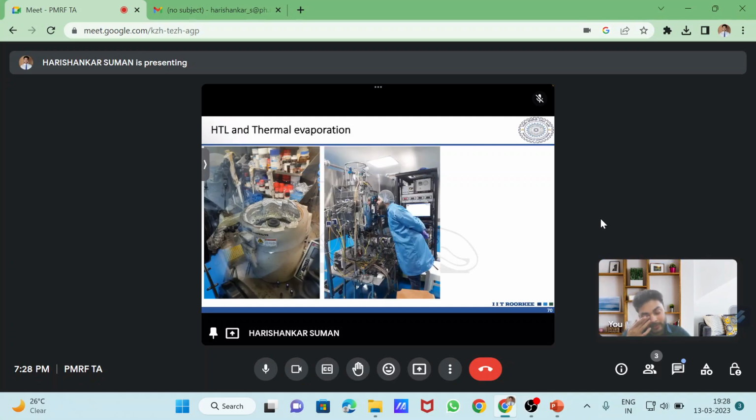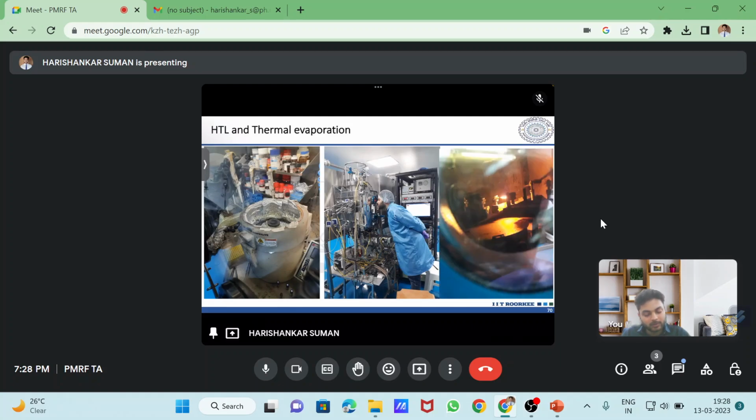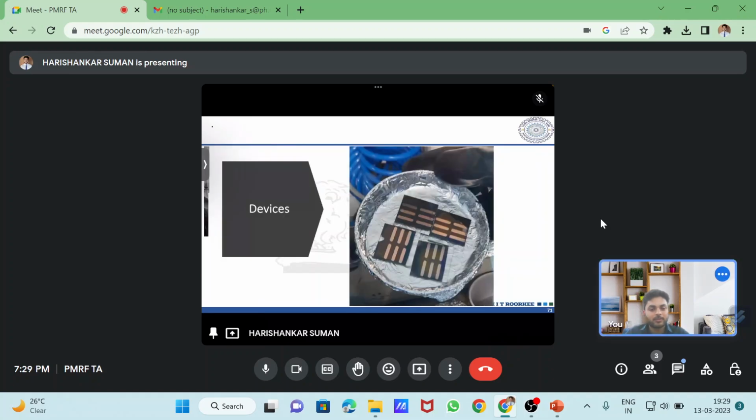Then thermal evaporation. This system is the thermal evaporation system. This is the gold coating. And finally the device. These are the steps of perovskite solar cell fabrication in the lab.